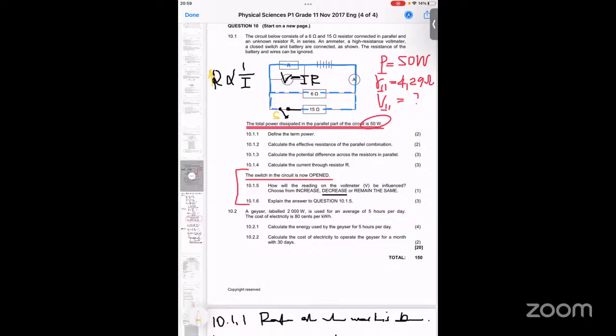What happens to the current? It decreases. So that R, for that one, stays the same. But because the current decreases, even your V is going to decrease. That's what happens there, and that is how you are going to reason. I hope that part makes sense.